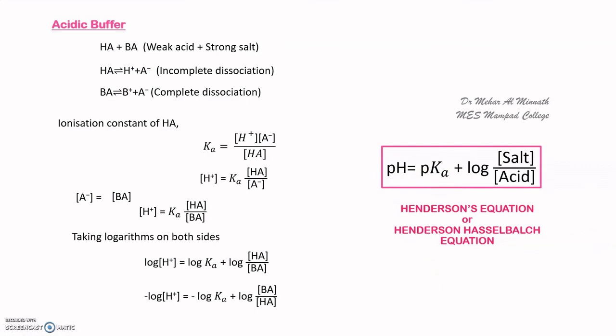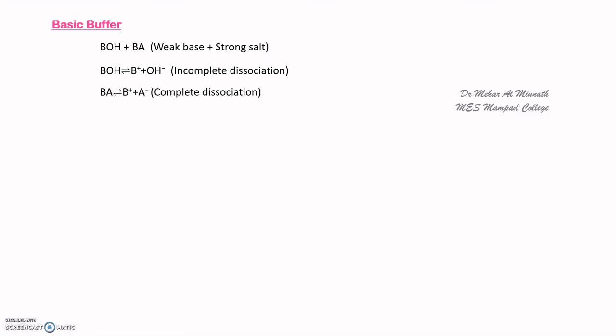Now, for the case of basic buffer, the derivation is similar. The only major difference is that instead of acid, we'll be taking here a weak base, BOH. Since the base is weak, it will undergo incomplete dissociation, and since the salt is strong, it will undergo complete dissociation.